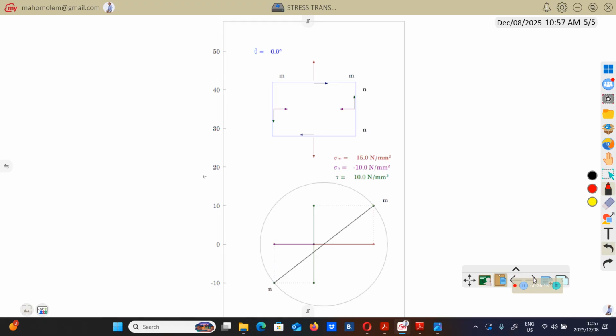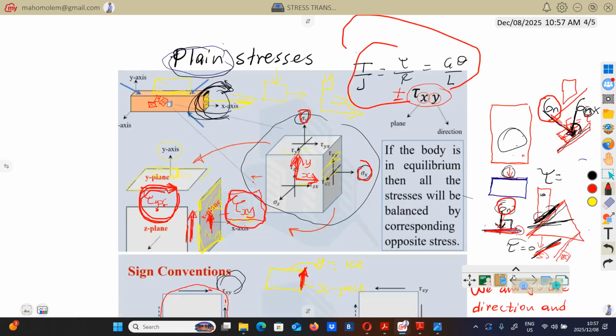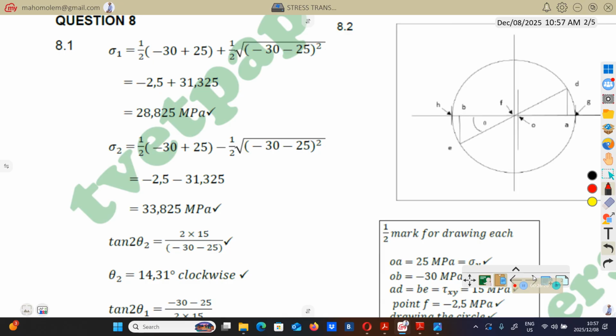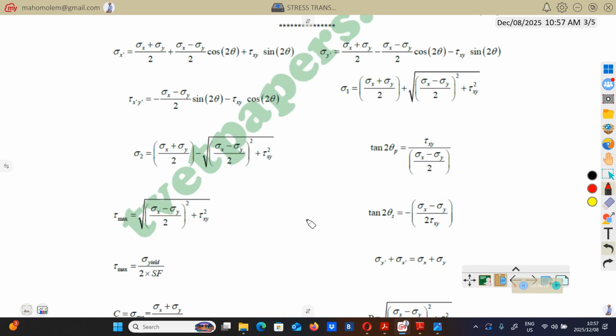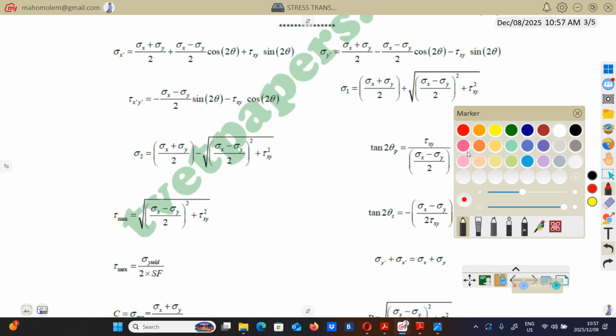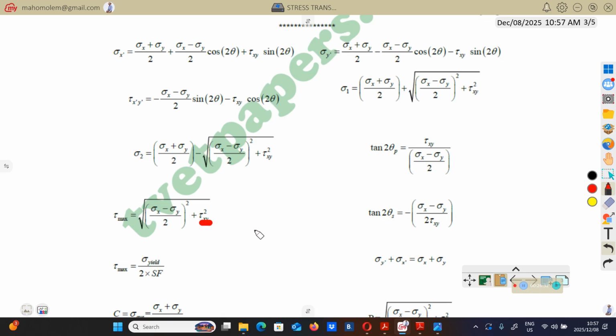So you'll see on your formula sheet, I'm trying to go to the formula sheet. Yeah, you will see here on the formula sheet, this is what I was talking about. Shear stress xy. You will never see yx, xy, xy.